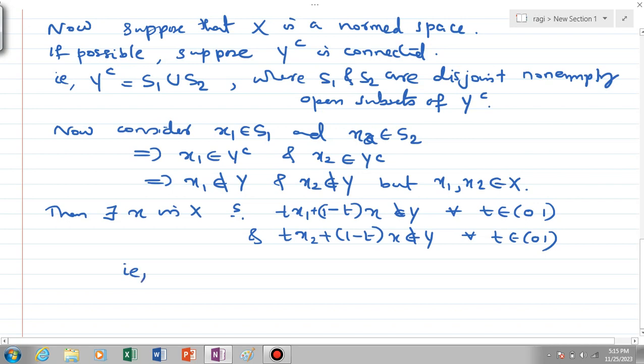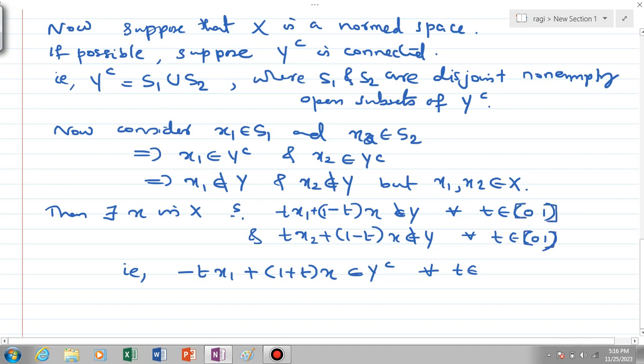That is, minus t x1 plus 1 plus t into x is not an element of Y, means it is an element of Y complement, for all t in the closed interval 0, 1.